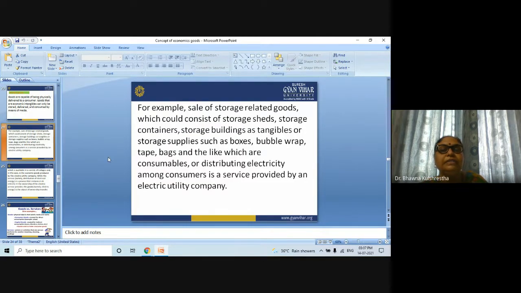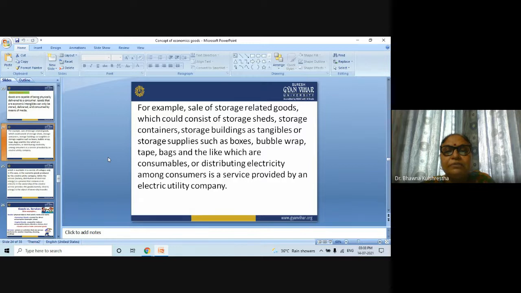For example, sale of storage related goods, which could consist of storage sheds, storage containers, storage buildings as tangibles, or storage supplies such as boxes, bubble wrap, tape, bags, and the like, which are consumable.